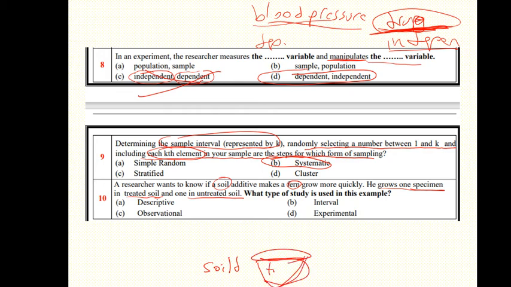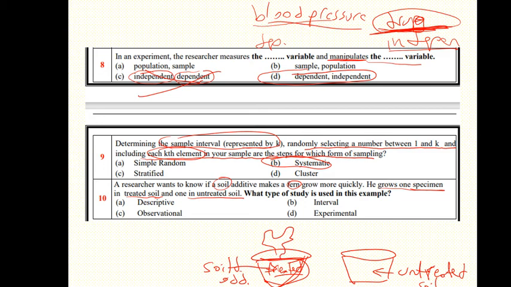This is treated, and this is untreated soil. You put the additive here. This is treated now, and this one is untreated soil. Then you grow one plant here, and the other plant is like this.